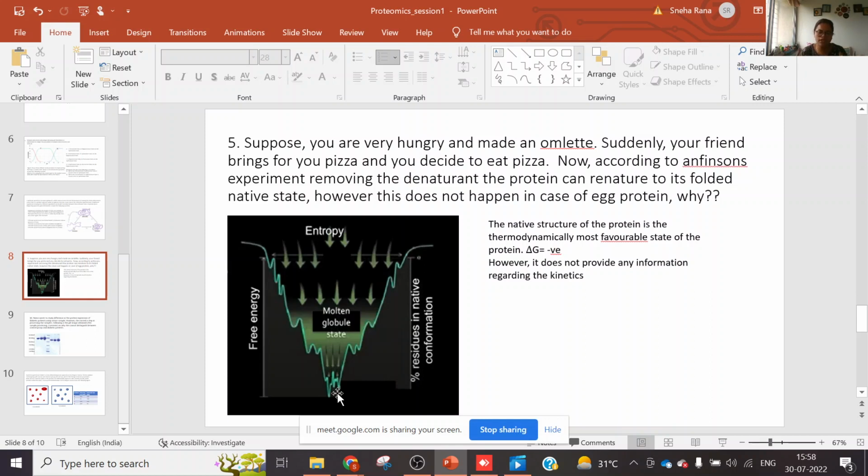That is why, in the case of egg protein, when the protein is already denatured, you cannot make it into egg again by removing the heating condition, because although the reaction is possible, kinetically it is not. It will take years to make that egg again. So in most cases, even if you remove the denaturants, it will not go into the native state again.